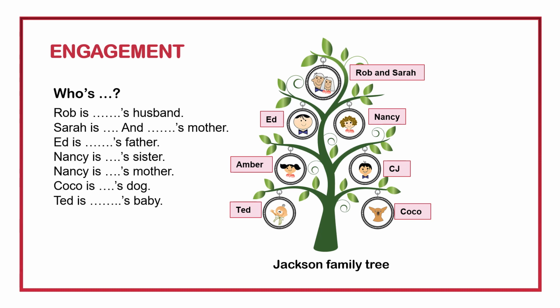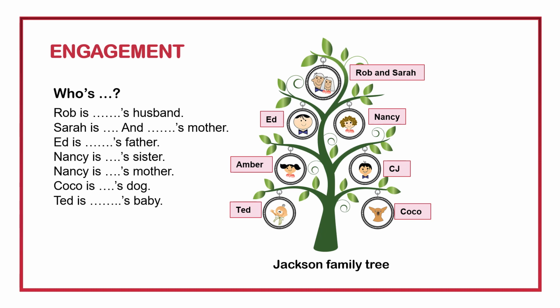So now we're going to complete the sentences, the relationships here. Who's Rob? Who's Sarah? Who's Ed? Etc. As you see in the sentences, we have apostrophe S. That is called possessive S. So it shows what someone has or what someone possesses. Let's look at Rob first on the top.